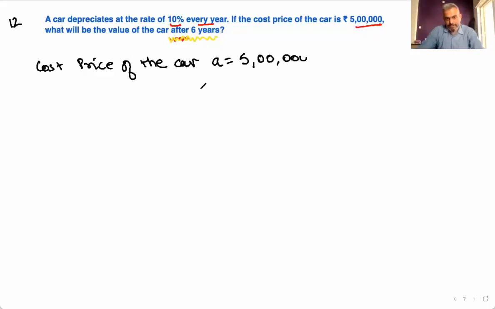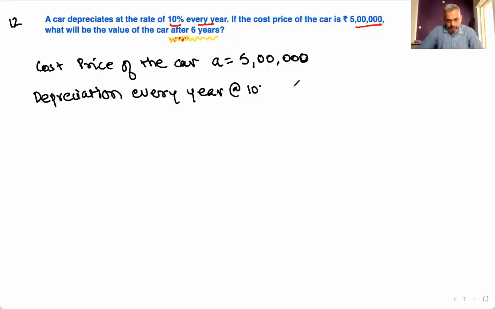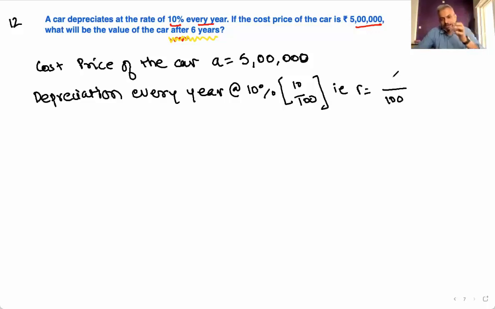So at the beginning जब मैंने कार खरीदा, it is 5 lakh rupees. Depreciation every year at the rate 10%. So 10 upon 100, that is R is equal to, यानी अगर पहले साल 100 है तो खरीदा तब 100 था, साल के अंत में वो हो जाता है 90, it becomes 90.